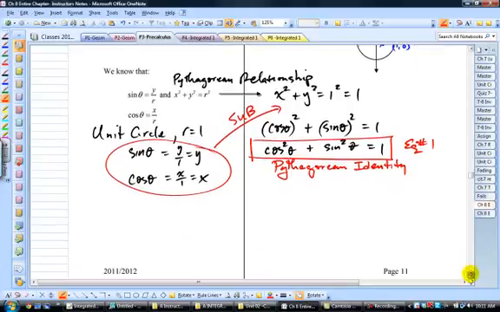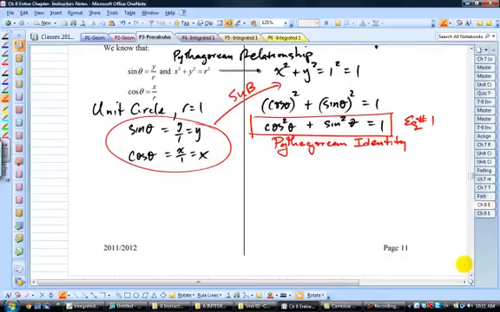Okay. So let's go down here and let's develop a few more. First of all, if I take this equation and divide all terms, both sides, all three terms, by, let's say, cosine squared theta, I get a new identity, which is going to become our second major Pythagorean identity. Let's write that down.